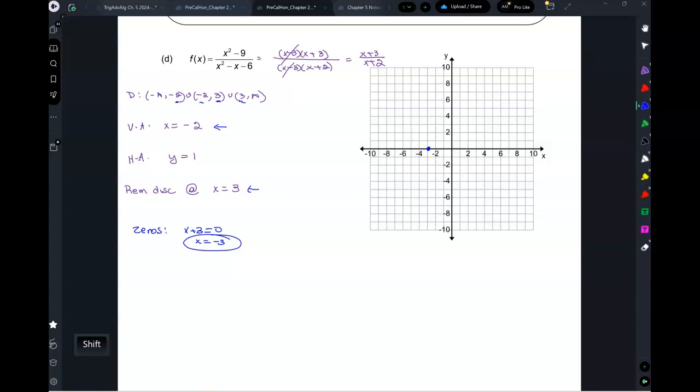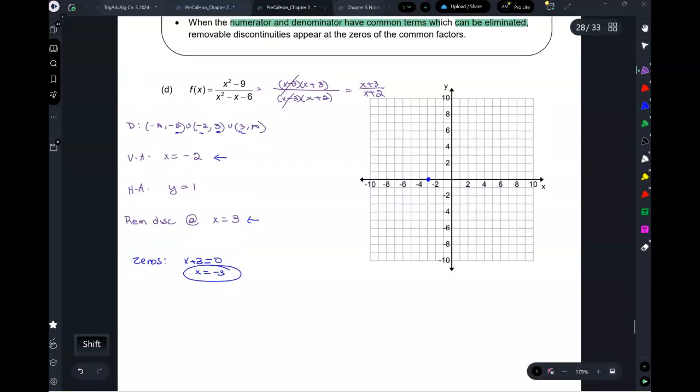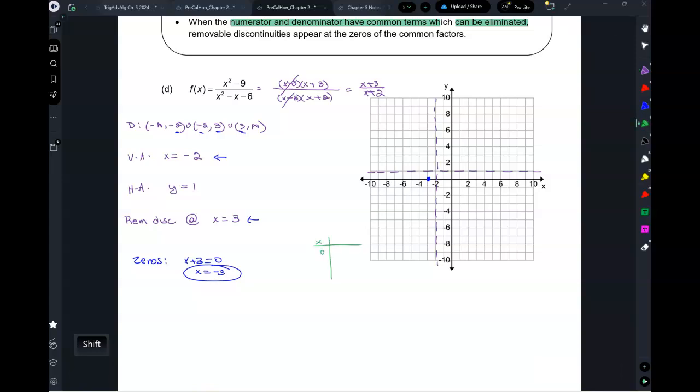Vertical asymptote is at -2. Where's the horizontal asymptote? 1. Fabulous. Now, let's do some points here. So when x is 0, what's y? Go to the reduced function, 3 over 2, right?